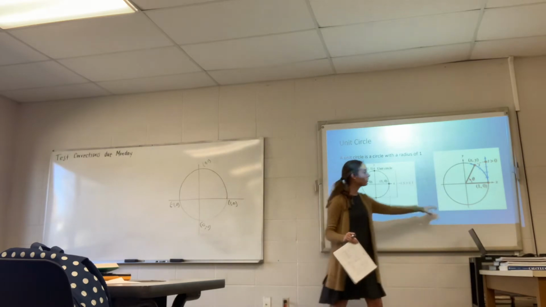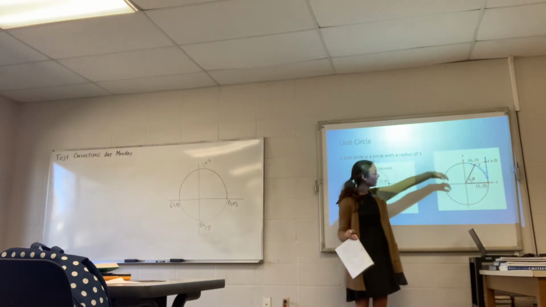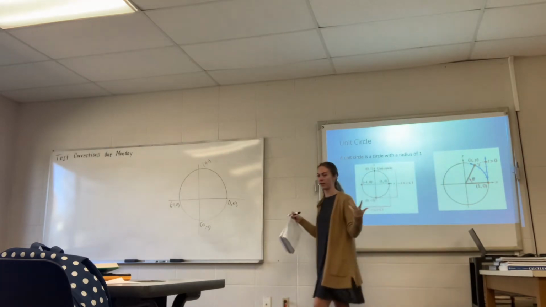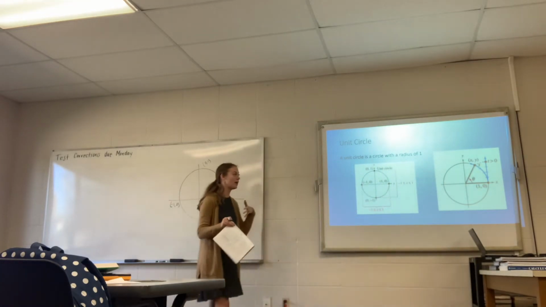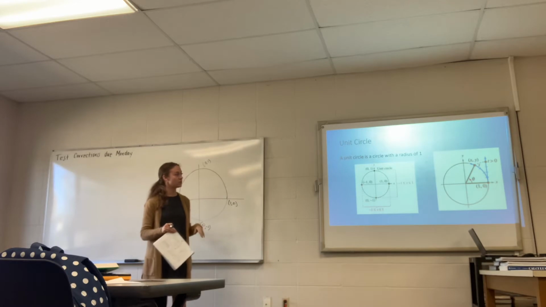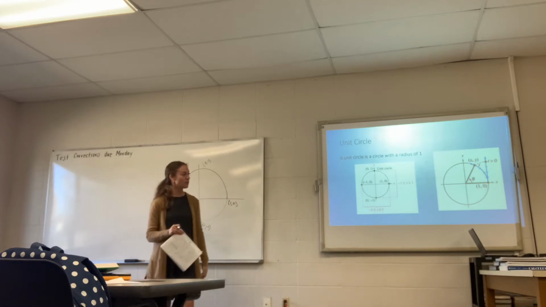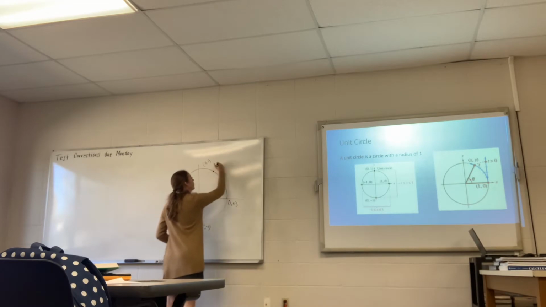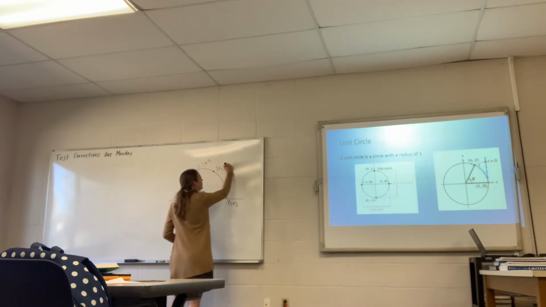Okay, so then this picture over here, you can have any point on here. Any point on your circle, if you think about it on a grid, has an x, y coordinate, and what your book is going to call it is t. So if I have this point up here, I know that it has some x coordinate and y coordinate, or we're going to say that the point is at t.